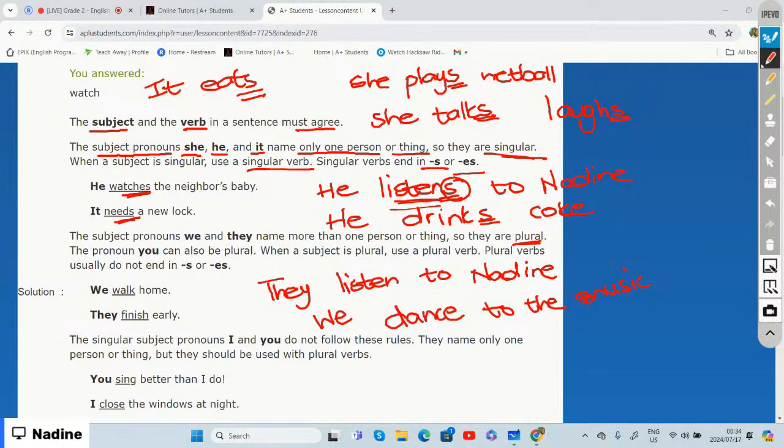If you're referring to more than one person, you can say they, or we, or it, or you. That is pronouns, right? We are not using the actual name. We're not saying Nadine. We're not saying Basil. We're not saying Gabby. We're not saying Prabha, right?